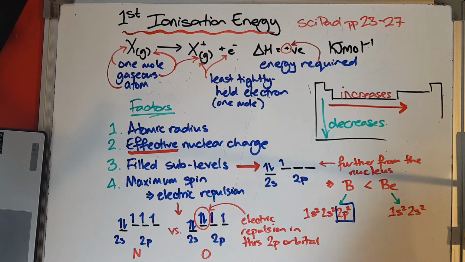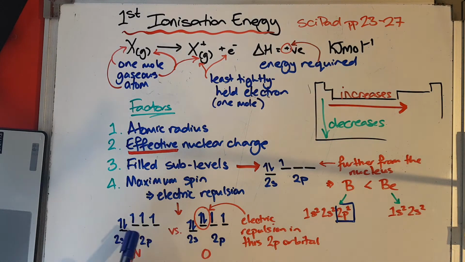So why is it easier to remove an electron from oxygen than it is from nitrogen? It seems quite counterintuitive, quite back to front. And the reason is here. In nitrogen, the 2p orbital has maximum spin. So hopefully remember that from our learning about atomic structure and electron configurations.